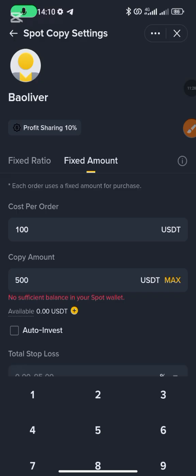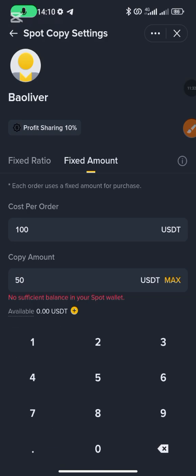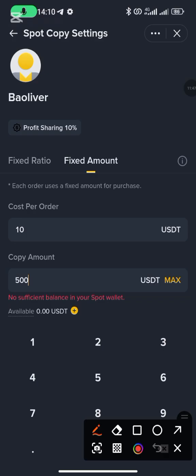Remember we said let's assume it's $500 we have here. So let's assume that the total amount of money we have here is $500. We want each cost per order, what we want to use to copy this trade, to be $100.